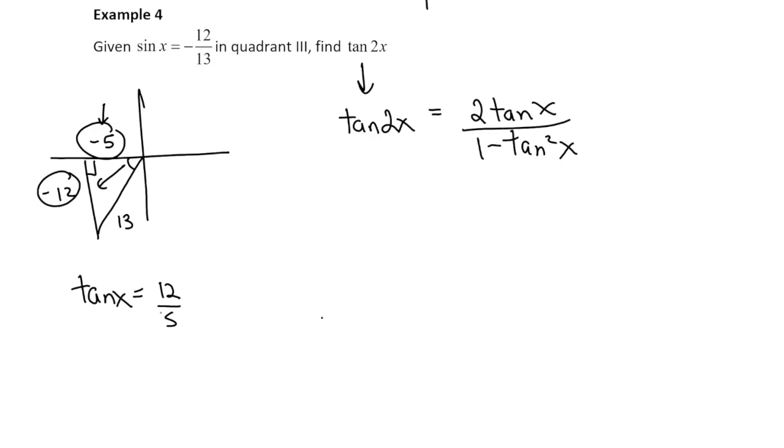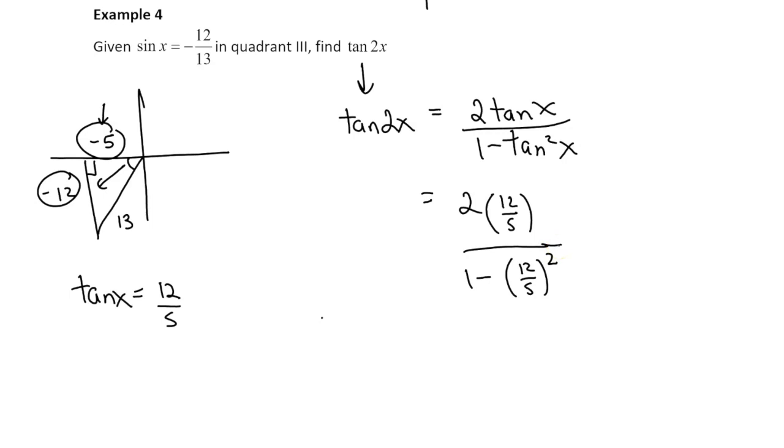So then based off of that, we can now say if we know that tan x is equal to 12 over 5, we could replace each of those tan x's with a 12 over 5. And we could get something that would say 2 times 12 over 5 over 1 minus 12 over 5 squared.